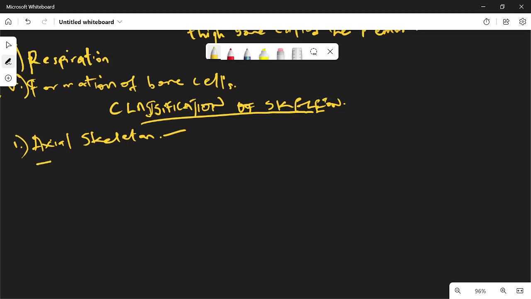Alright, the axial skeleton is made up of the skull, also called the cranium. You could see it in some textbooks as the cranial box.